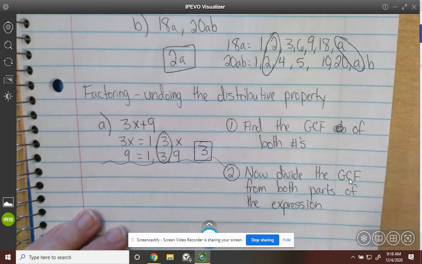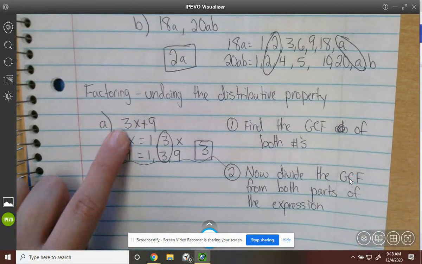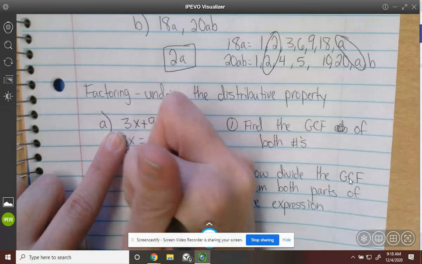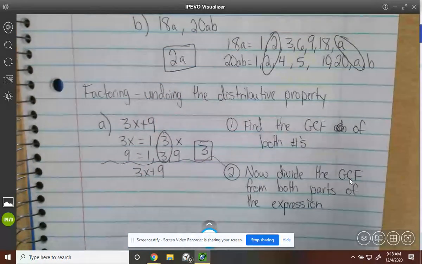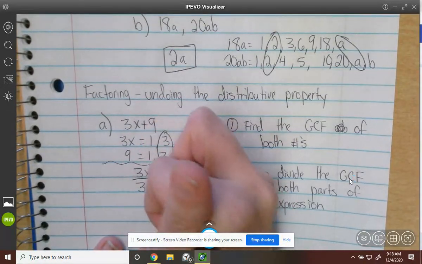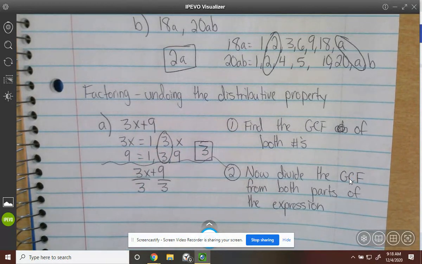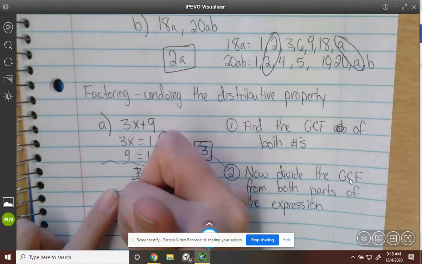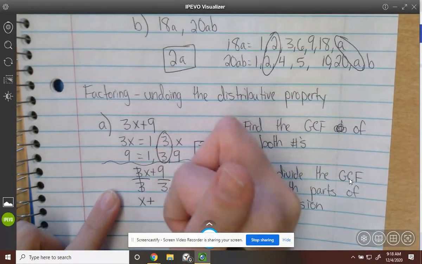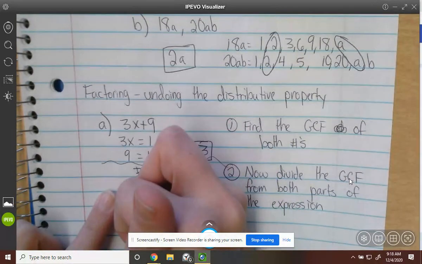A little squiggly here for step 2. So my expression is my problem, so 3x plus 9. I'm dividing my GCF from both pieces of this. So I'm going to divide that by 3, and I'm going to divide that by 3. And that turns into 1, so I'm left with just x plus 9 divided by 3 is 3.